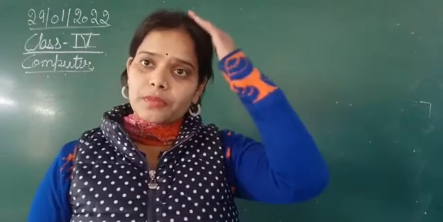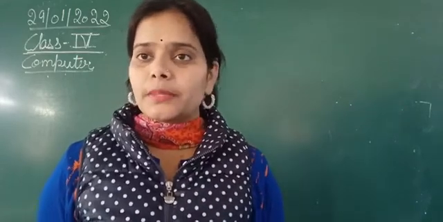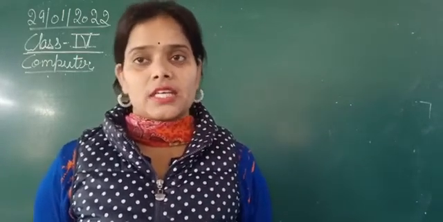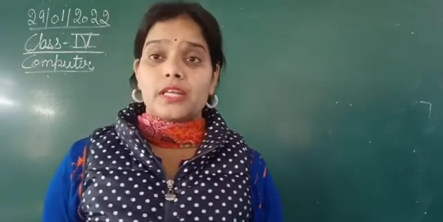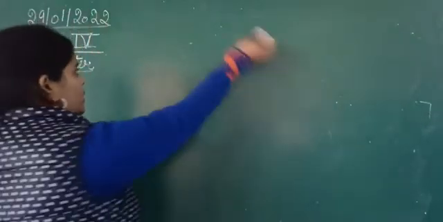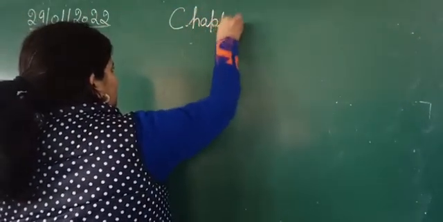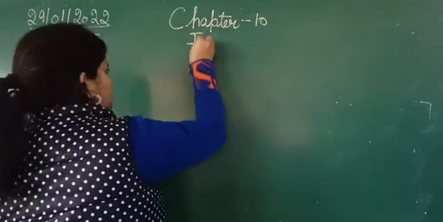So class, in the previous session, as you all know, we have completed the third part of chapter number 10, that is Internet. In today's session, I'm going to begin with the back exercise of chapter number 10, Internet. So let's write down, this is chapter number 10, Internet.